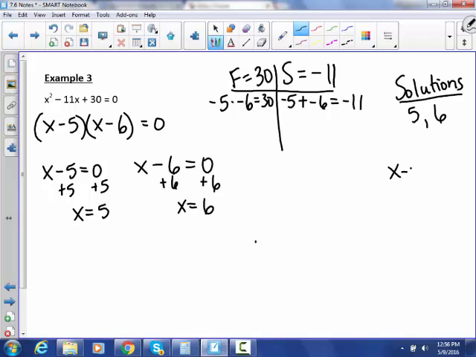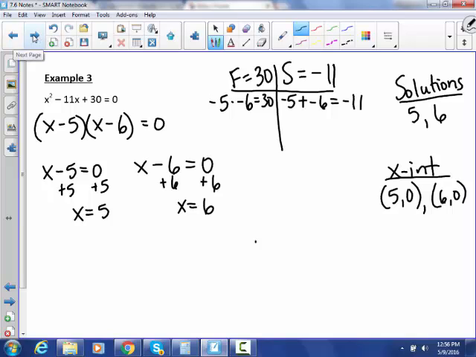If you're writing them as points, it would be 5, 0, and 6, 0. That's where that curve crosses the x-axis, at those 2 points. It's a real skinny curve because it's crossing right beside each other twice. It's got to go down and back up.